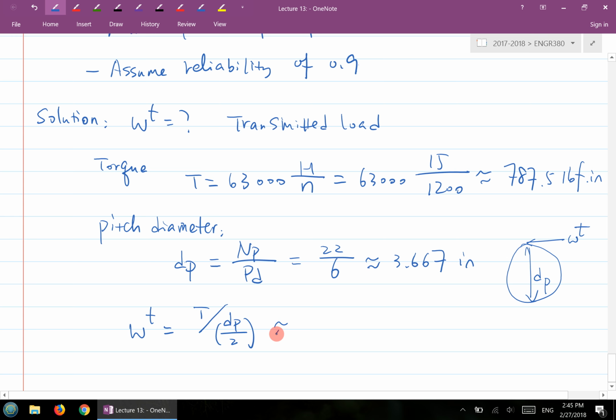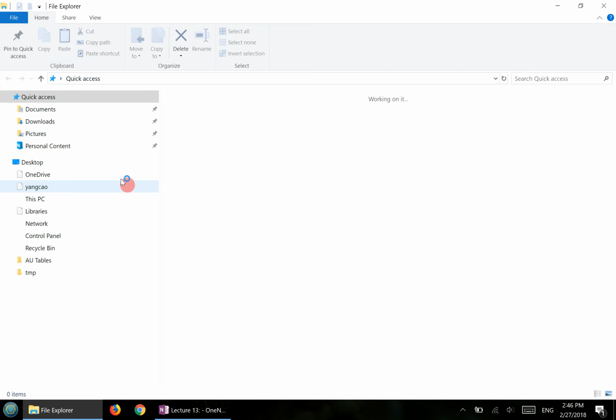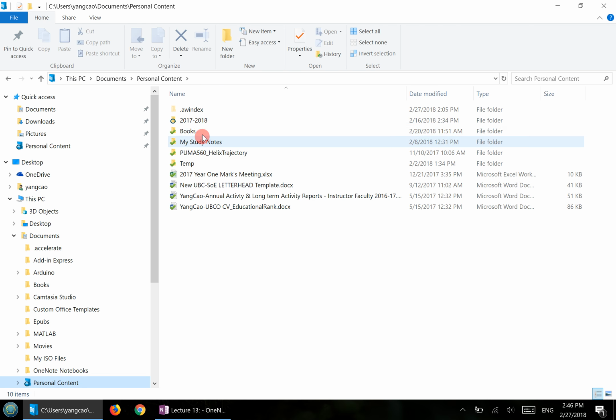So WT is 430 pound-force. So that's derived. Transmitted load WT is derived. If you look at your formula, that's the first parameter we need in order to calculate the stress.